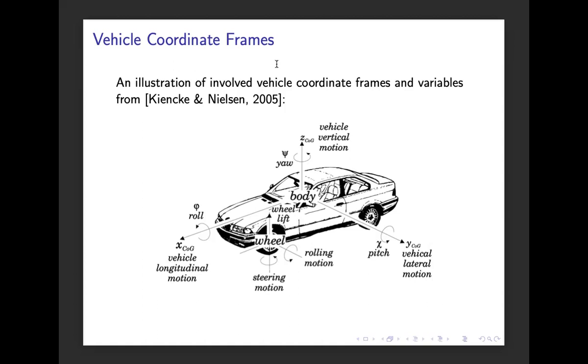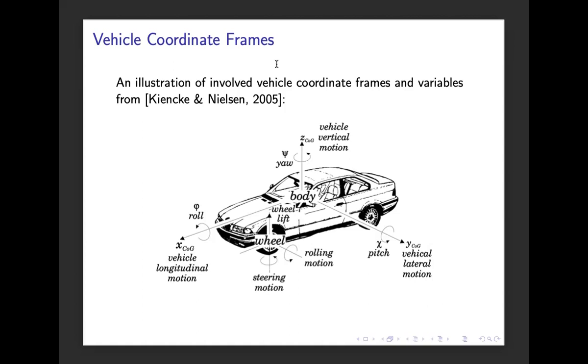The interaction between the wheel and the road actually makes the vehicle accelerate forward. We also have rotational motions of the vehicle body: the pitch motion along the y-axis, the roll motion along the x-axis, and the yaw along the z-axis. So this is a complete 6-dimensional translational and rotational system that we need to model.